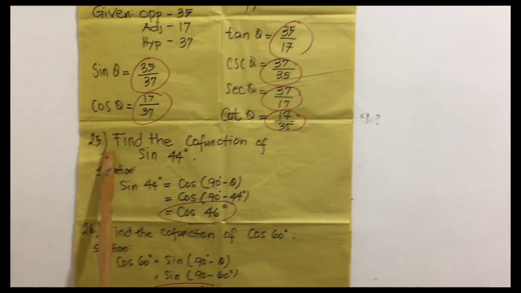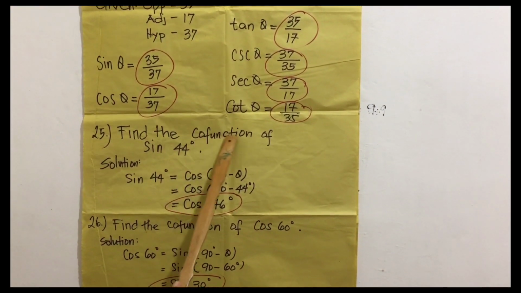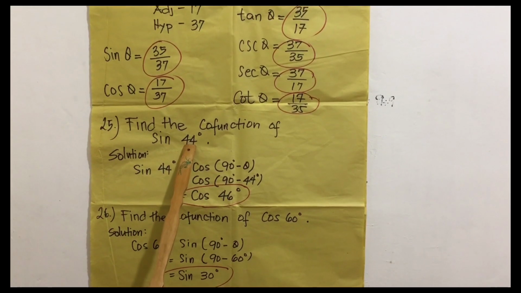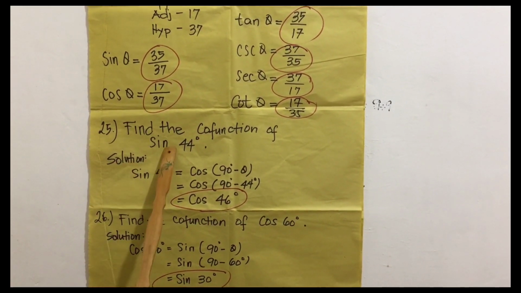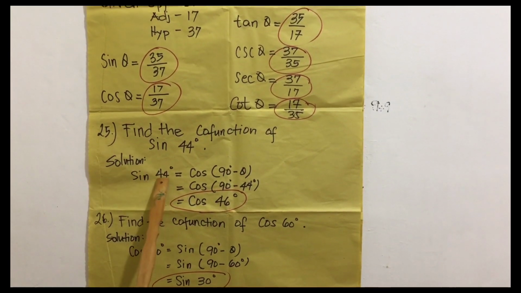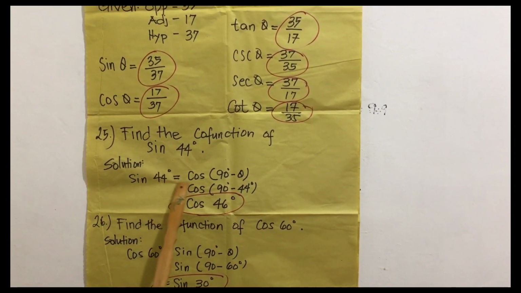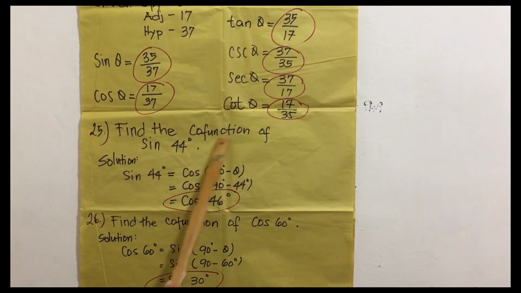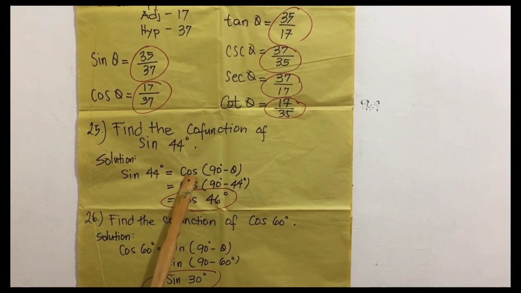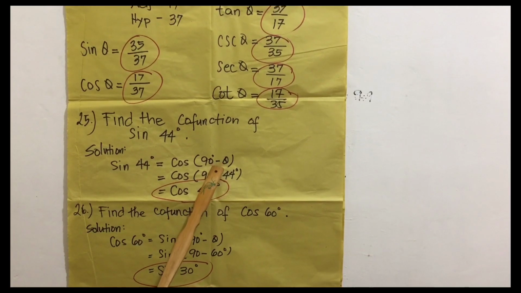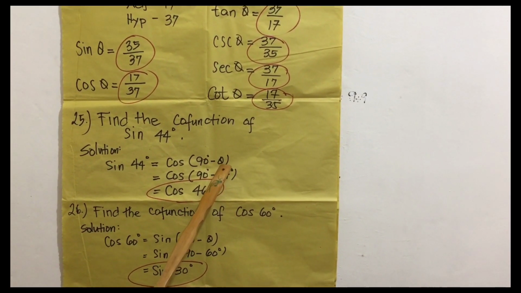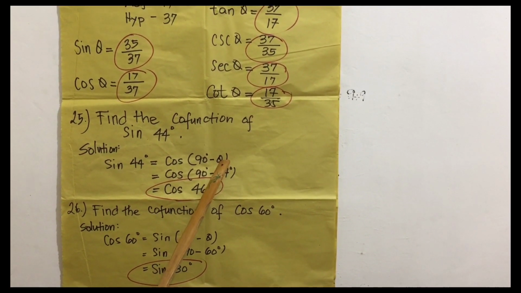Okay, next, number 25. Find the cofunction of sine 44 degrees. So our solution, copy first the given, sine 44 degrees, and our formula, the cofunction of sine is cos, and 90 degrees minus the angle. This theta is called the angle.